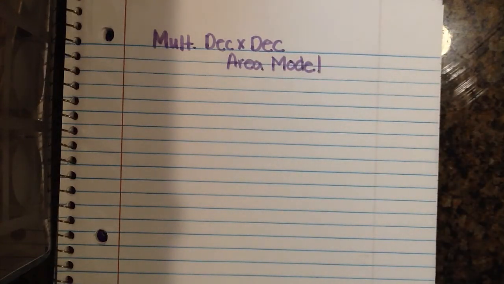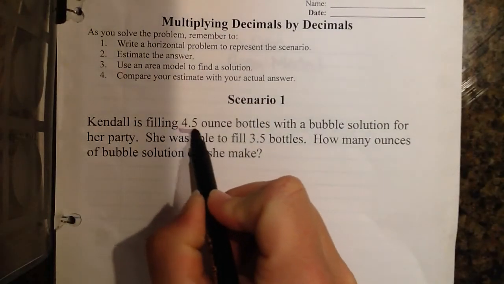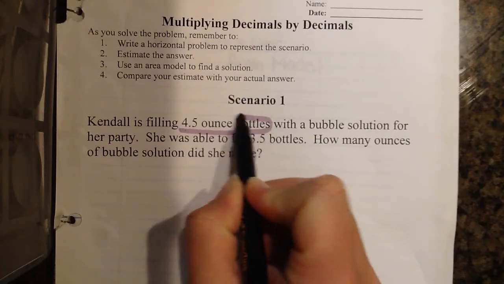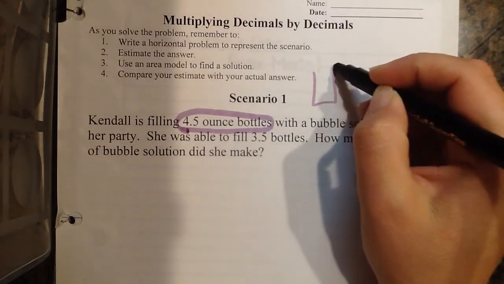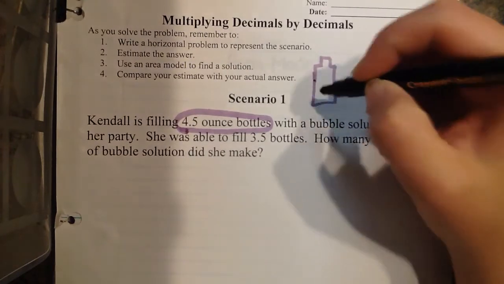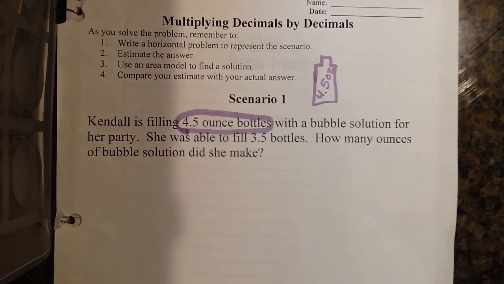So I'm going to take the problem about somebody filling up bottles with bubble solution. So let's look at a real world problem and how I would do that. Kendall here is filling 4 5/10 ounce bottles. So I know I have a bottle that fits 4 5/10 ounces inside of it for a party.